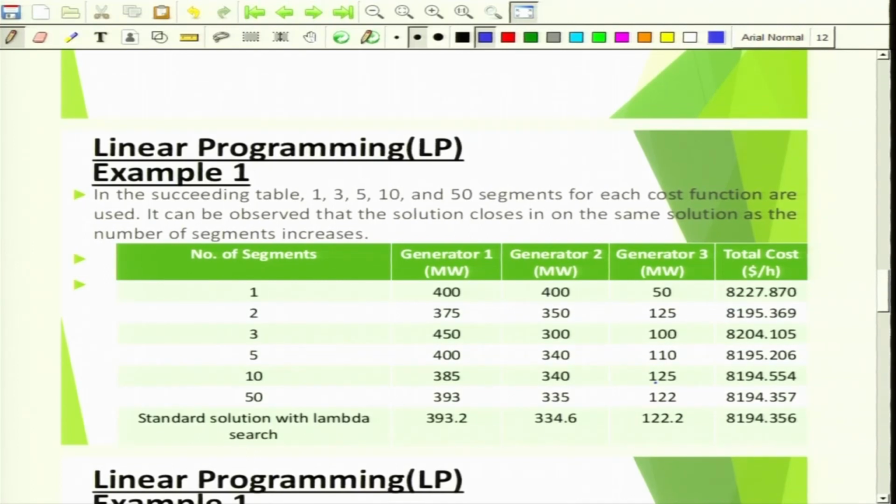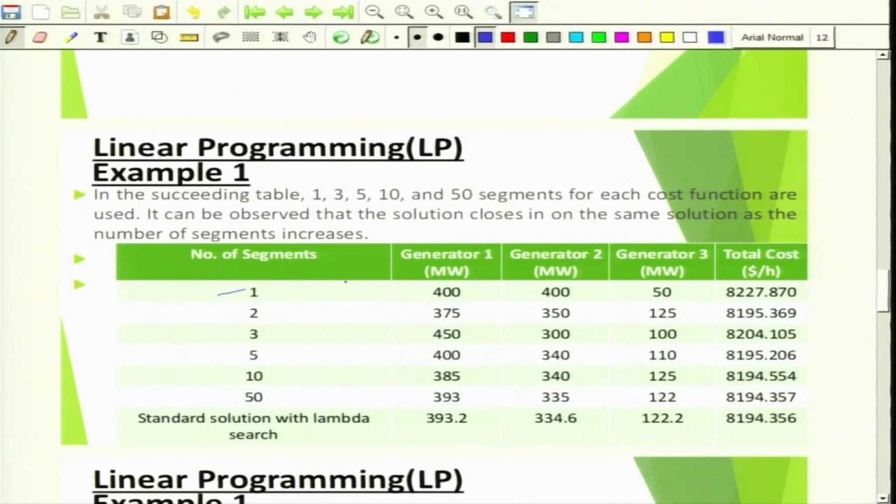It can be observed that the solution closes in on the same solution as the number of segments increases. It's obvious. As the number of segments increases, you make a close approximation to the nonlinear curve using linear segments, and the highest number of segments chosen will ensure that you get a closely accurate result.